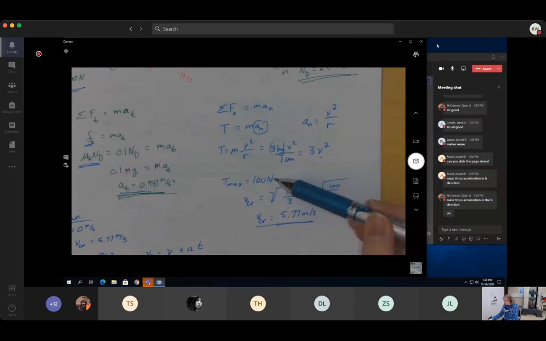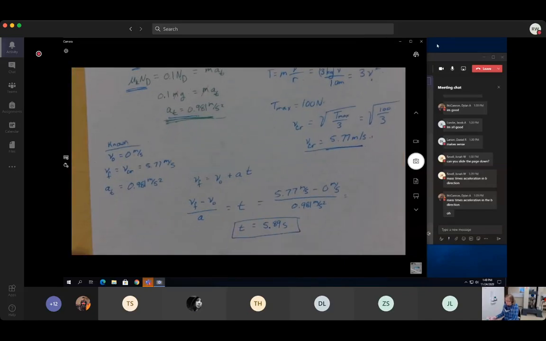We knew what our maximum tension was, and so we could come up with a critical velocity that would be the maximum velocity we could get to before our tension hit its maximum. And then we applied kinematics with that information to come up with the time it took to get to that velocity.